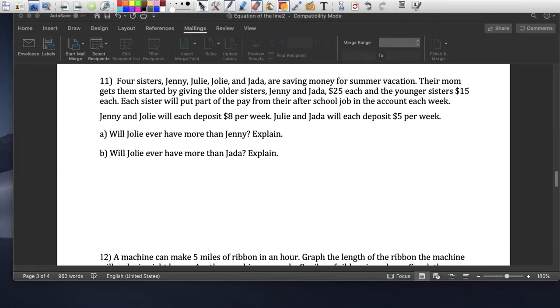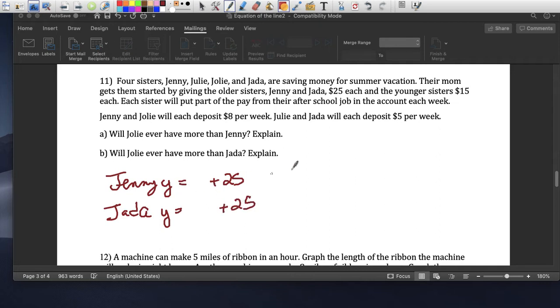All right, so 11, there's 4 sisters. We have to make really nice. So Jenny and Jada, they both got $25. So y equals. So I know that's my y-intercept. Jenny and Jada got 25, which means Jolie and Julie, they got 50.